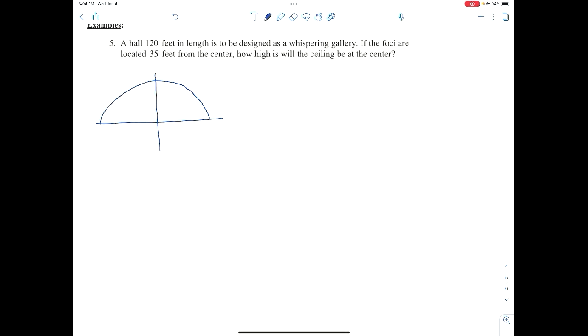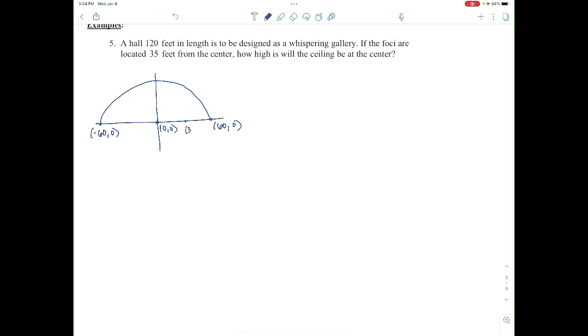So if we have the origin here, that means half of the room goes to 60 and the other half goes to negative 60. And the foci, it just gives it to us, is at 35.